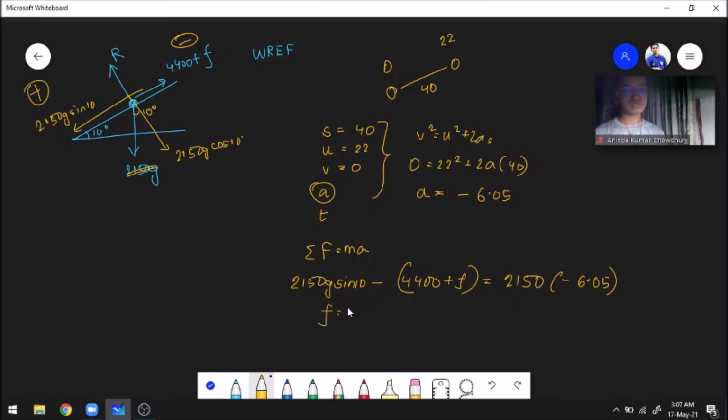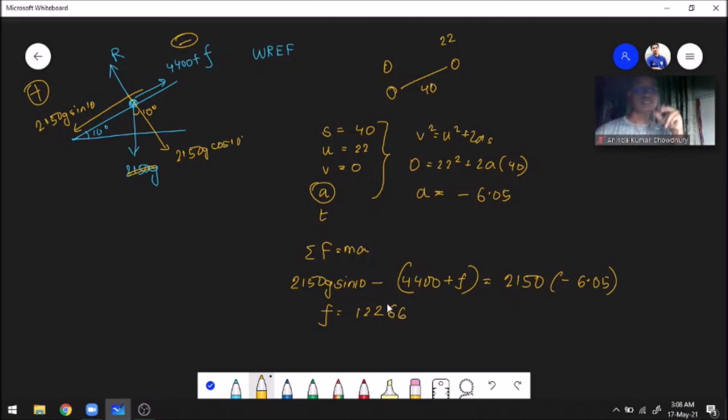So our friction should have a value of 12266. This should be our value of friction.